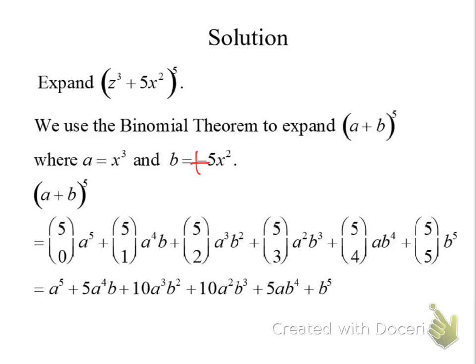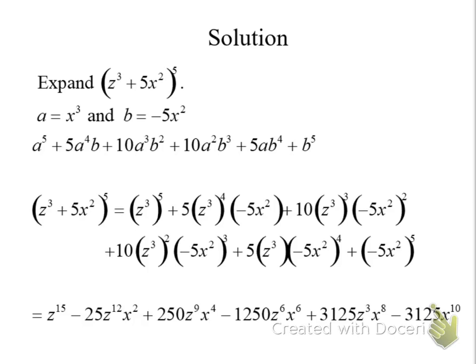I don't know why it showed up negative. So over here, that is positive. It's only negative if it's negative on the inside. And so all of these are positive down here. If it was negative on the inside, you would have to think about, okay, is the negative to an even power or an odd power? How do I use that?